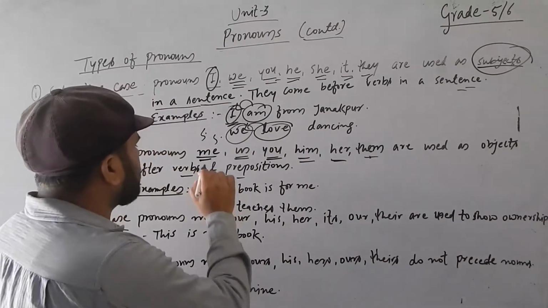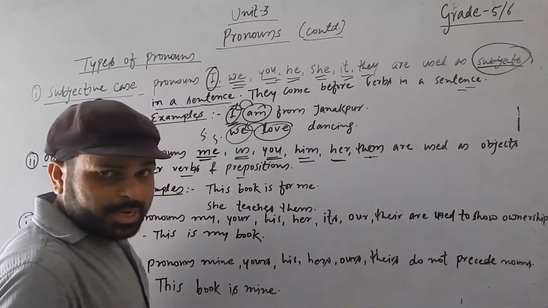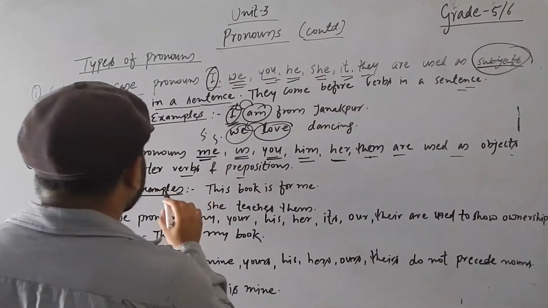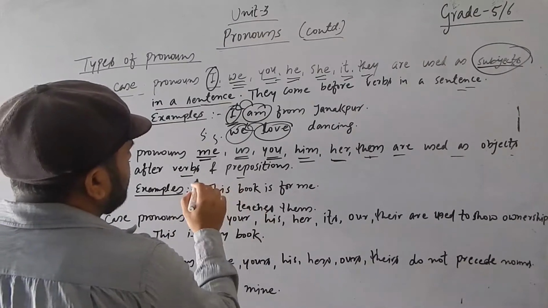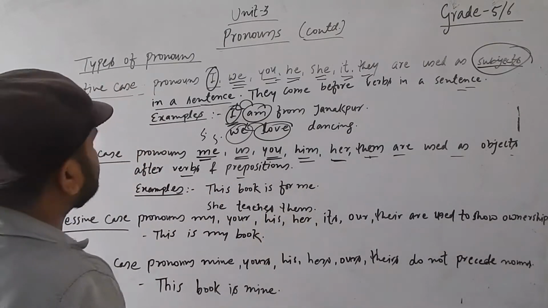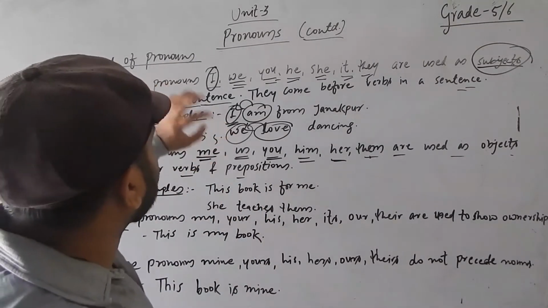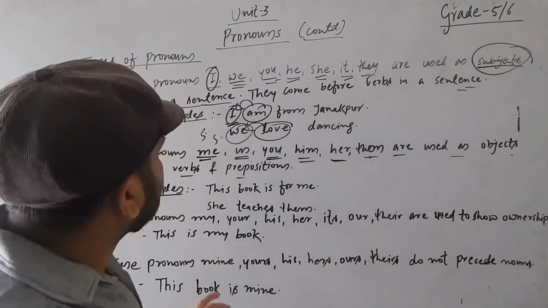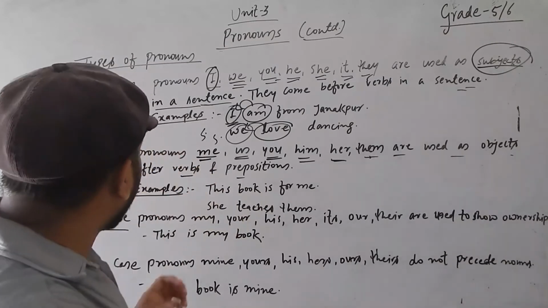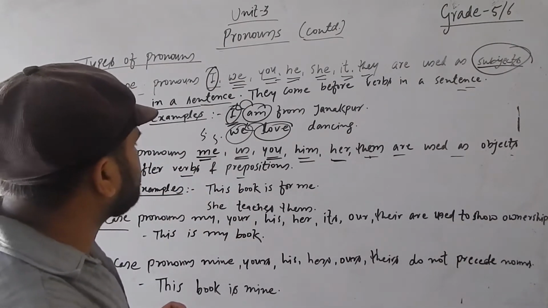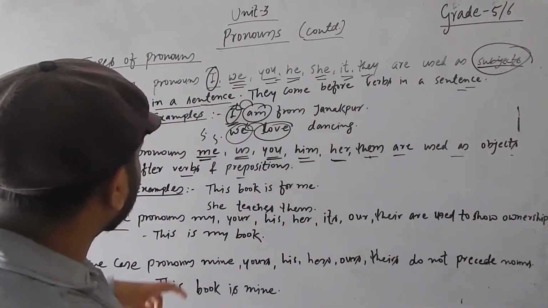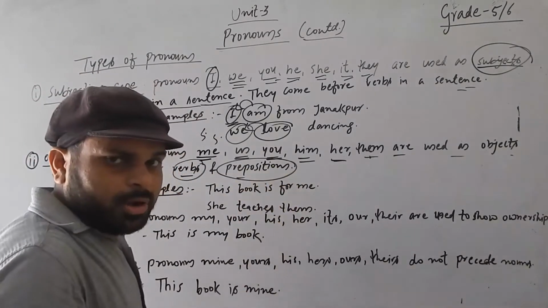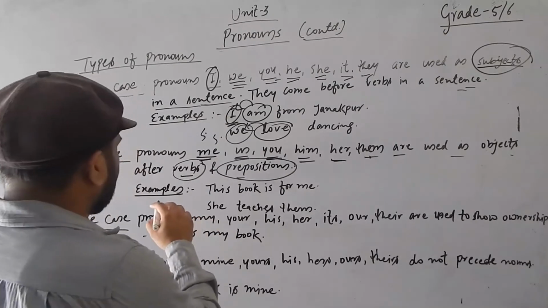I told you to remember the chart yesterday. They are used as objects after verbs and prepositions. Subjectives are generally used as a subject before the verb, and objective pronouns are used after verbs and prepositions. After verbs and prepositions.